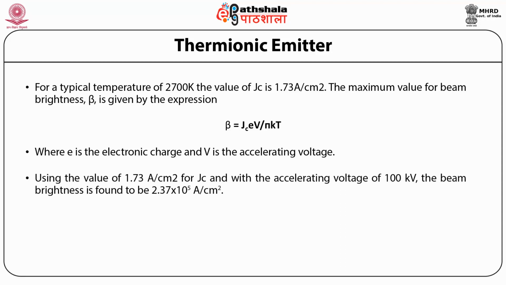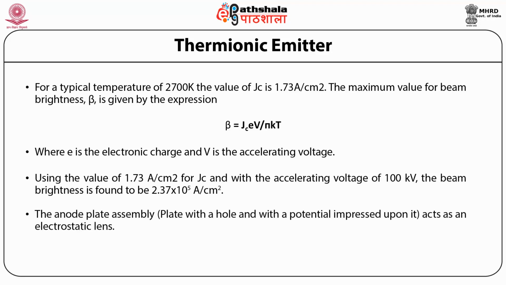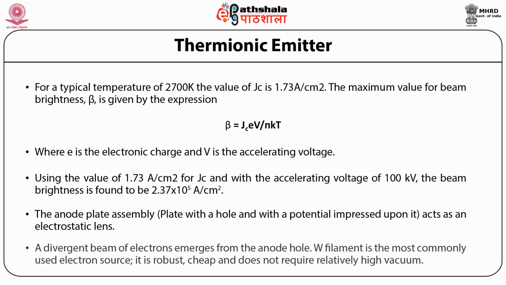Using the value of 1.73 amperes per centimeter square for Jc and with the accelerating voltage of 100 kilovolt, the beam brightness is found to be 2.37 into 10 raised to 5 amperes per centimeter square. The anode plate assembly acts as an electrostatic lens. A divergent beam of electrons emerges from the anode hole.